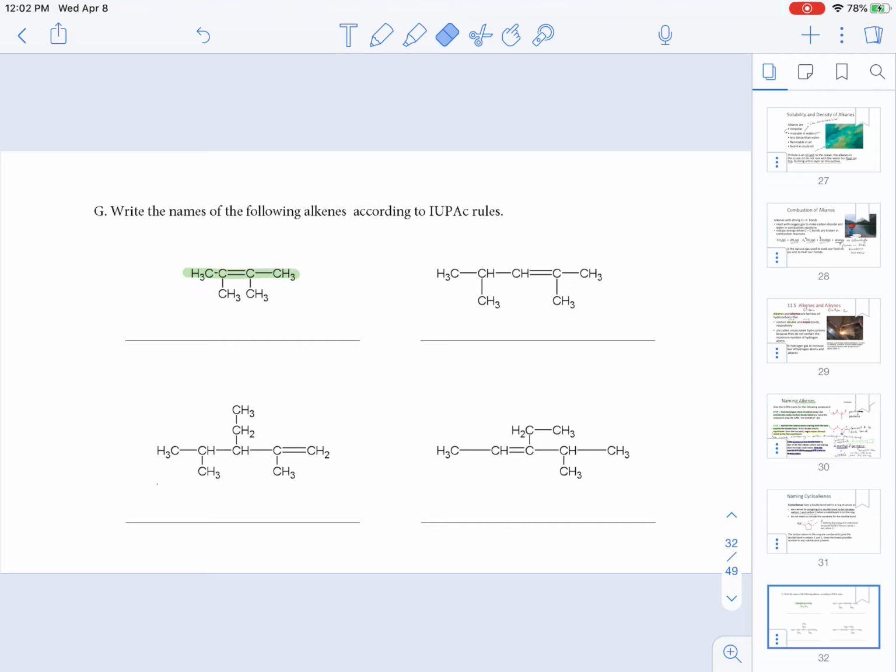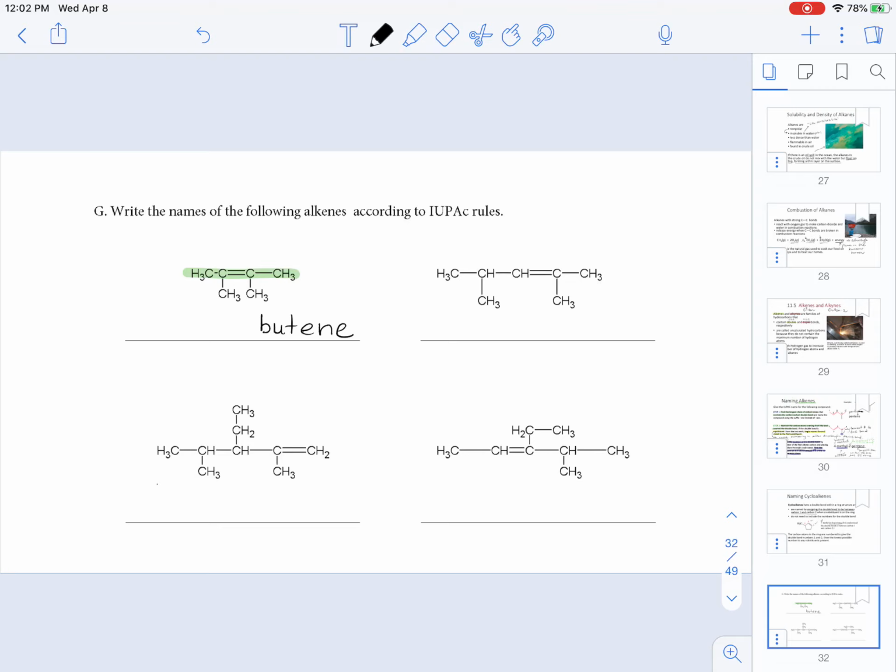Then, as you can see, we have 4 carbons in a row, and you can do this in one of 2 ways. You can write the alkane name. You can say this is going to be butane. Then I'm going to erase the ane and place an ene. The other way to do it is by simply saying this is 4 carbons.